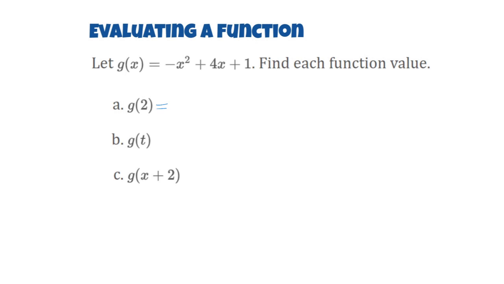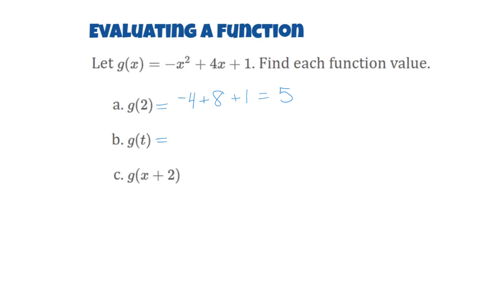So to find g of 2, all that's saying is go ahead and put this 2 in place of the x. And so you put 2 in all of the x's there. Remember, order of operations, when you put in a 2 in this first term, you're going to square it first and then make it negative. So that will end up being a -4. Put 2 in the second x value, and you get a +8, and then a +1. And in the end, g of 2 is equal to 5.